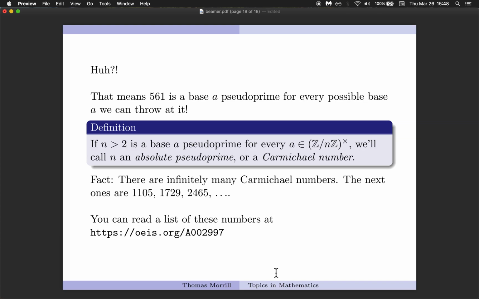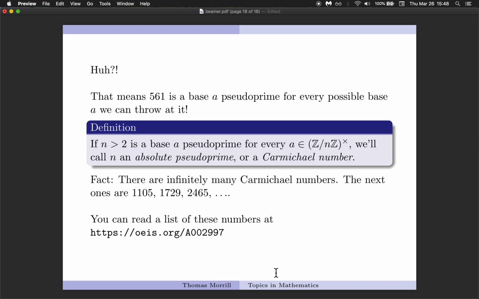But these Carmichael numbers, these absolute pseudoprimes, are the numbers that are going to foil our attempts at testing primality. We'll only be able to discover them if we accidentally land on something that shares a common factor with n.